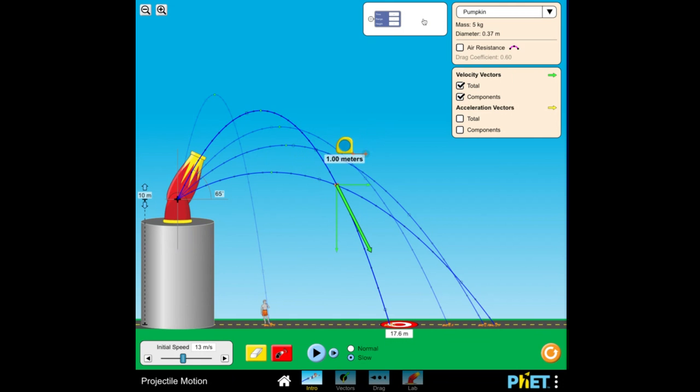If I wanted to measure that, not that the measurement would have a great deal of meaning, because the units should be meters per second, but if I measure it at different times, it's always the same length. We can even step forward one step at a time if we want to, and unfortunately we can't step backward. But you're going to be using all of these tools in the lab.